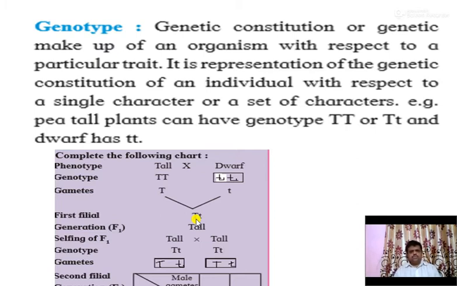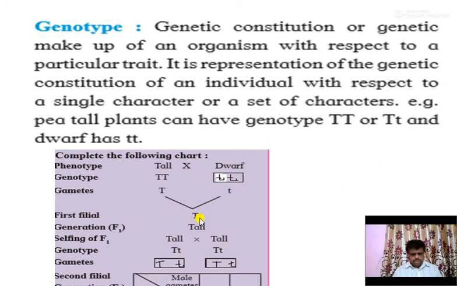Now just move towards one more thing, that is the recessive. As I said earlier, the dominant allele expresses its trait in the F1 generation. In the same way, this recessive allele does not express its trait in the presence of the alternative allele. So this one is recessive and this one is dominant.